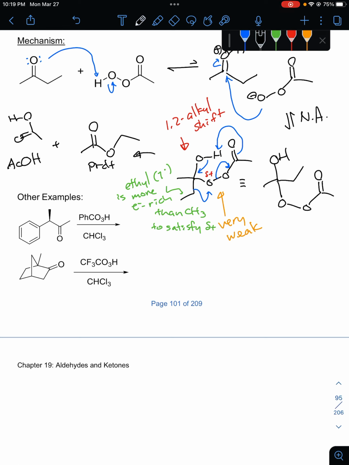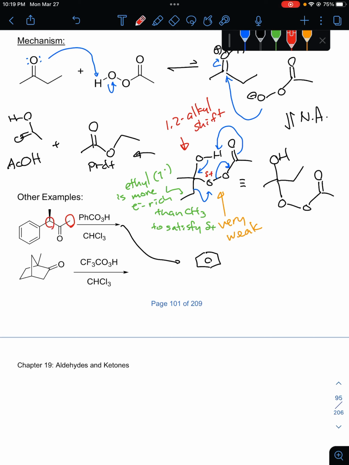You might want to pause the video for a second just to see if you can come up with the product for these two last examples we have here. So pause the video, and even better, see if you can figure out the mechanism. Okay, so the product here is going to be, the main question though is going to be, is it going to be this alkyl group that migrates or this alkyl group that migrates?